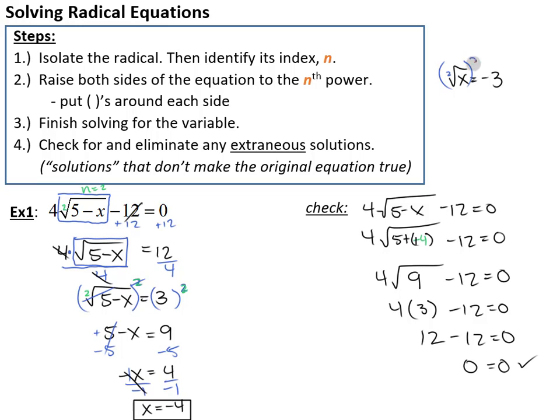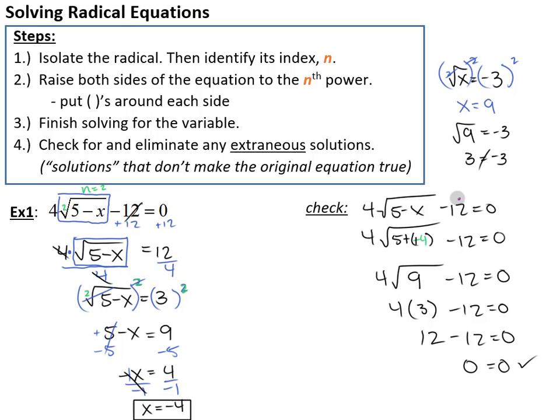And then raise both sides to the second power. Here that would cancel out our radical, and -3 times itself twice is +9. However, when I check, if I plug in +9 for x on this side of the equation, we get 3. Does 3 equal -3?